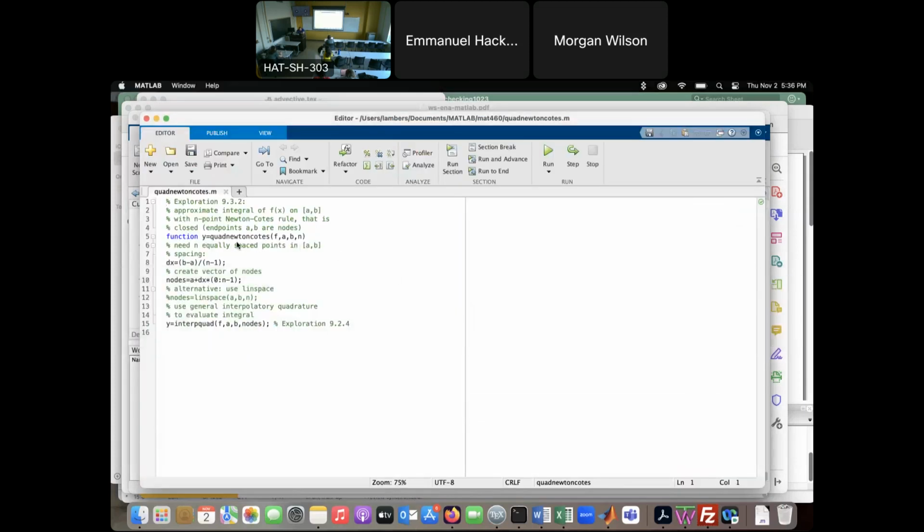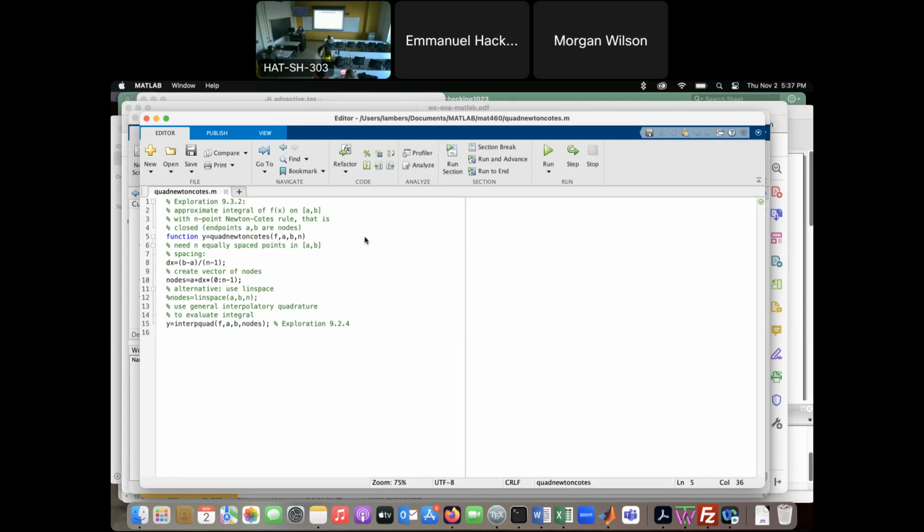So this is a function that computes the integral of a given function f on a given interval [a, b] using an endpoint closed Newton-Cotes rule. The fourth argument n is the number of quadrature nodes that you want. Remember from last time that by closed Newton-Cotes rules, we mean we include the endpoints a and b among the nodes.